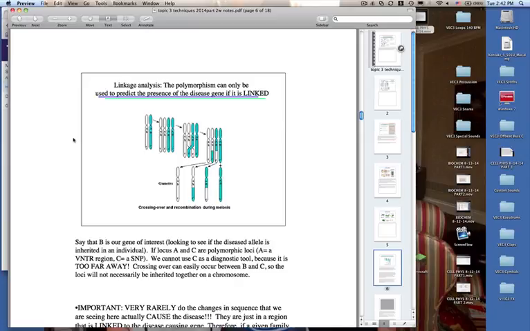Then we start looking at what genes are encoded there. We've only got 20,000 or 21,000 of them. It's not all that big a deal to map out what genes are encoded in that area of interest. Now you start looking at the phenotype of those genes.